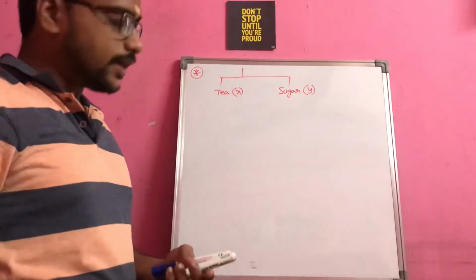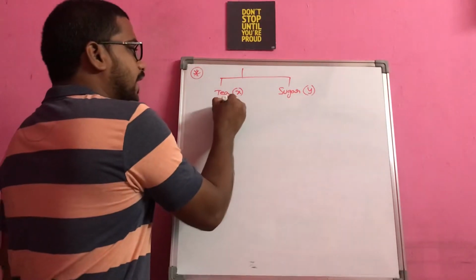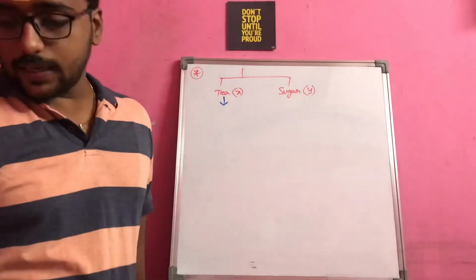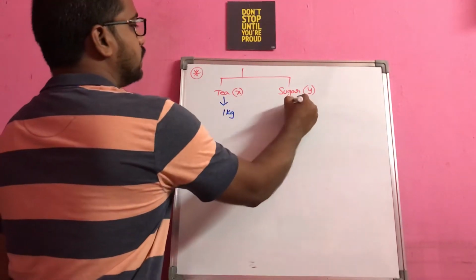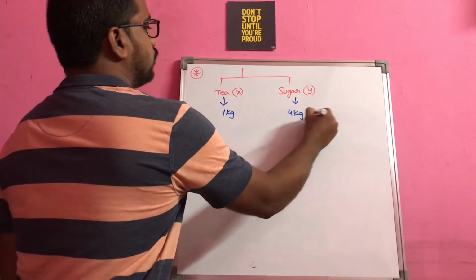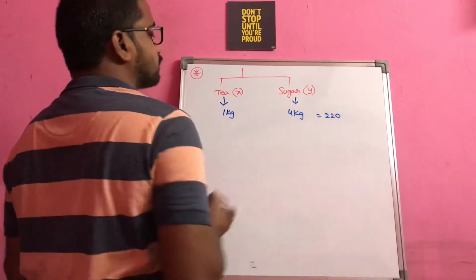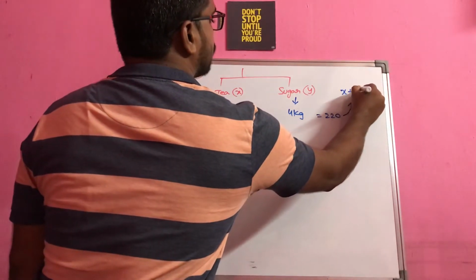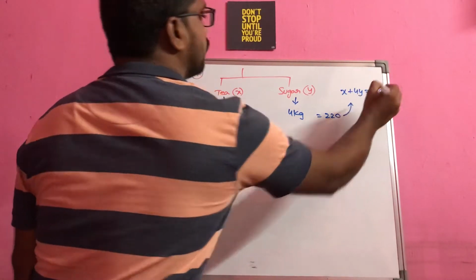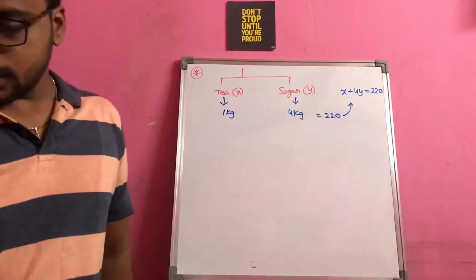Now what is the first condition they are mentioning here? 1 kg of tea, 4 kg of sugar. This is 1 kg, this is 4 kg, together 220. So from this the possible equation will be x plus 4y is equal to 220. Correct?